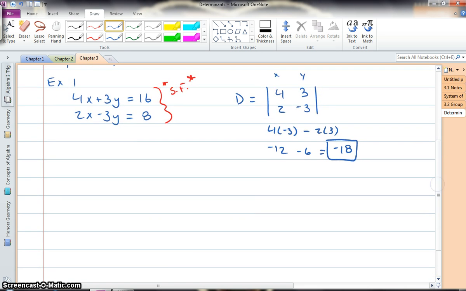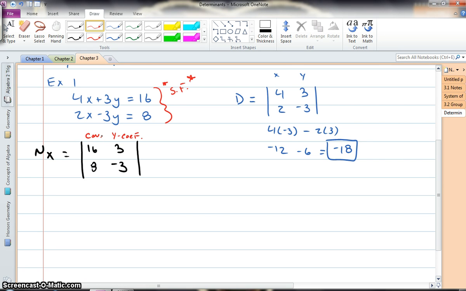So now the next piece of information, we're going to find the numerator of only the x value. Now, this is kind of tricky in a sense that in our matrix, we're going to have everything but the x value. So we're going to put our constants first, 16 and 8. Our constants come from the right side of the equal sign. And then we're going to put our y coefficients, 3 and negative 3. So this is my constants, and these are my y coefficients.